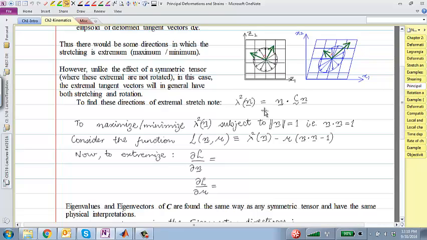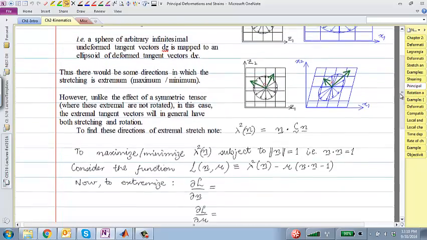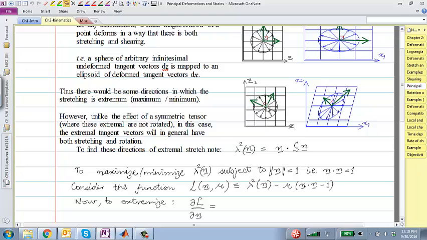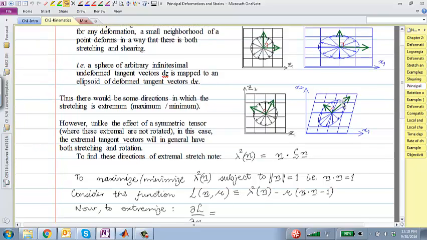Another thing to note here is that in the directions that don't change, the directions of the major and minor axes of this ellipsoid, the tensor reaches an extremal value, a minimum or a maximum value.